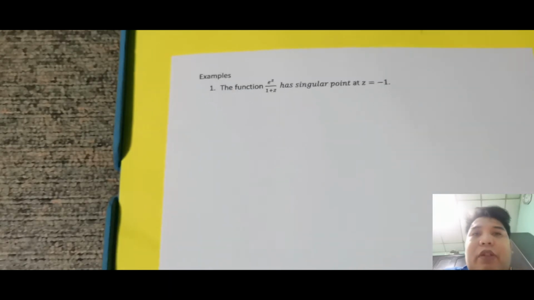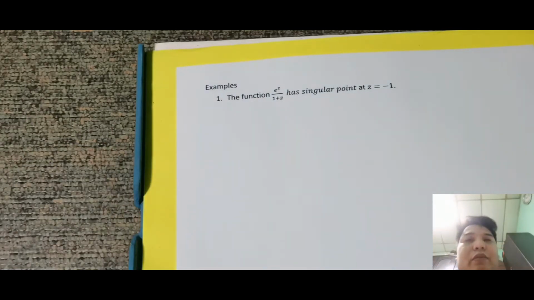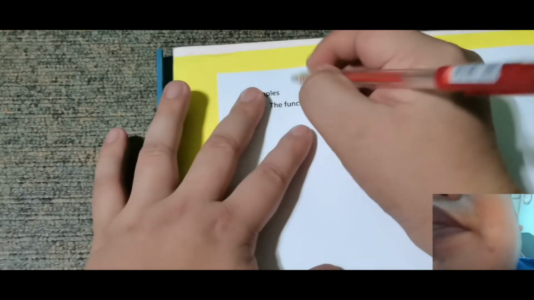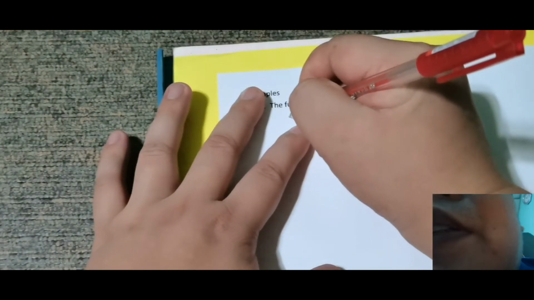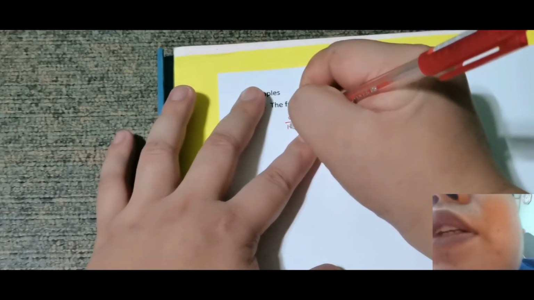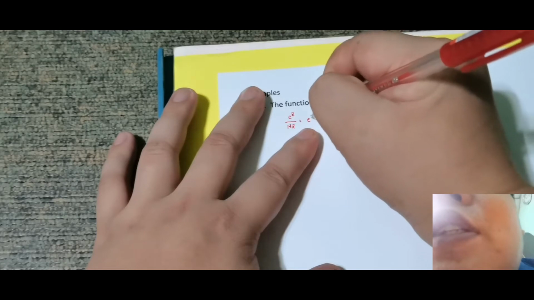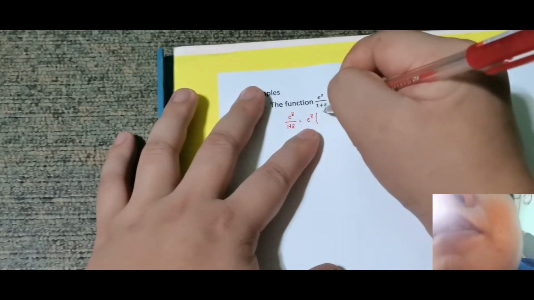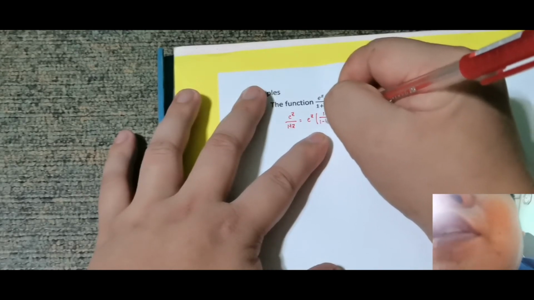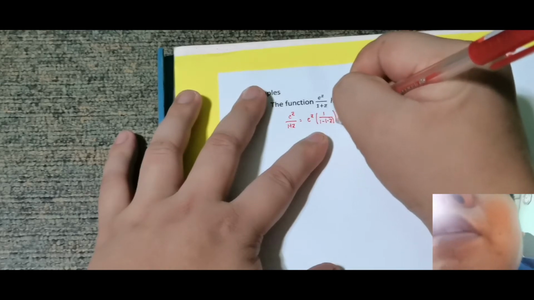Pero kung ganito yung gagawin ni sir, assuming, for example, we have e raised to z over 1 plus z. Pwede kong gawin ganito: this is e raised to z multiplied by 1 over 1 minus negative z. So, check natin kung may Maclaurin.